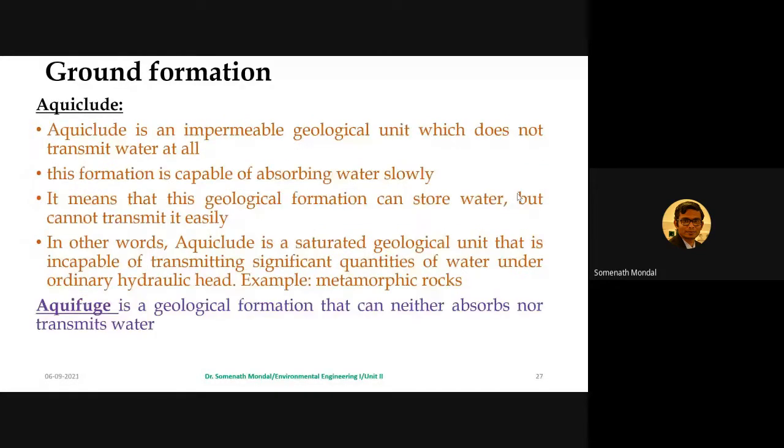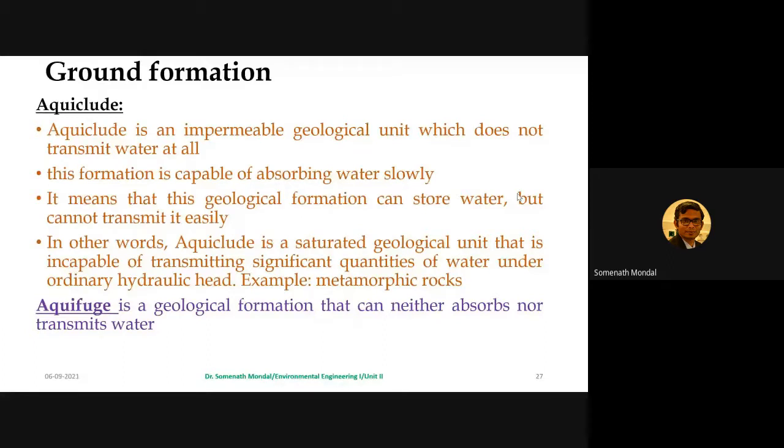Next is aquiclude. So aquiclude is an impermeable geologic unit, so which does not transmit water at all. So in this case, we do not have properties to transmit water from one point to another point within the formation. Although this formation is capable of absorbing water slowly, it means that this geological formation can store water, but it cannot be transmitted so easily.